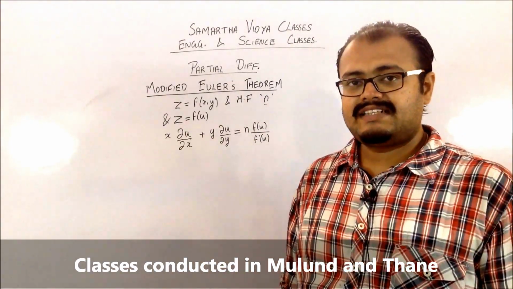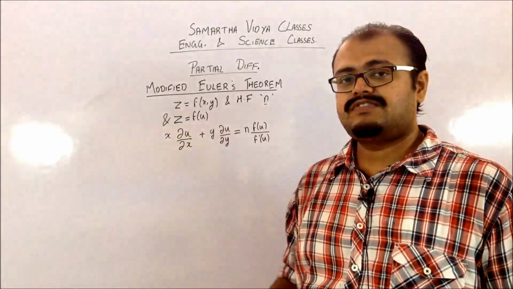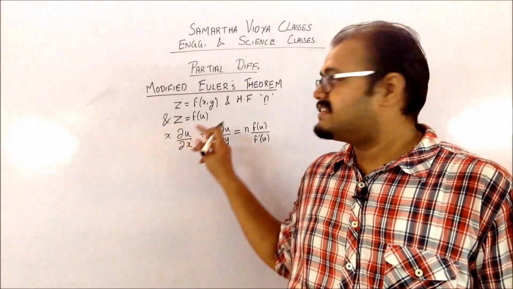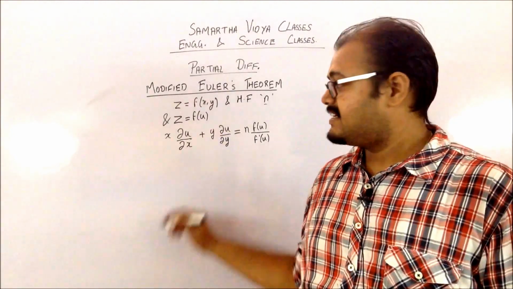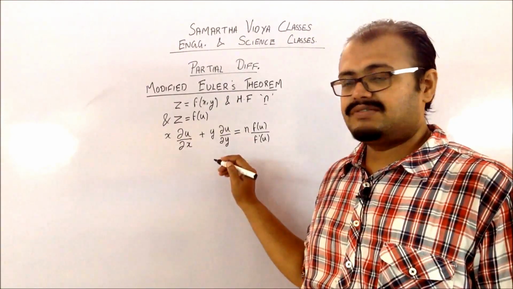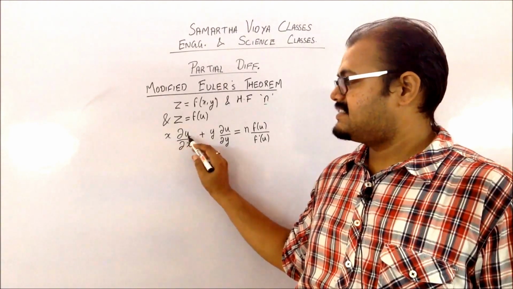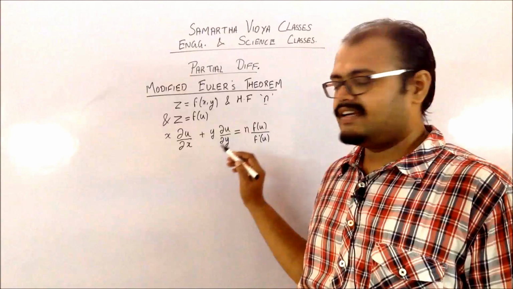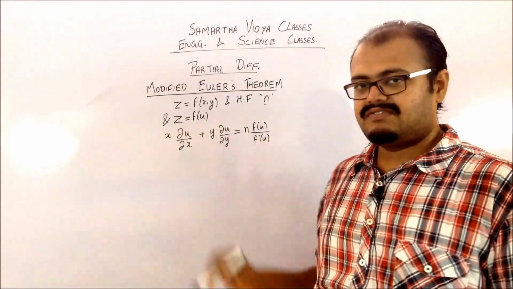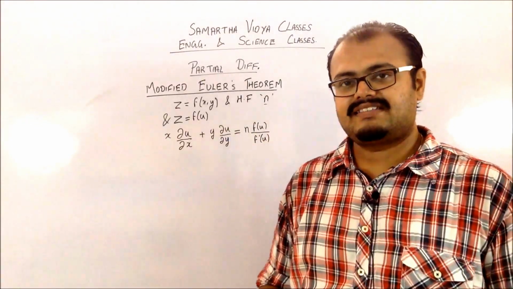We are also going to consider z as a function of u. Then if it satisfies both these conditions, I can write the differential equation in u in these terms: x del u by del x plus y del u by del y is equal to n into the function of u divided by its derivative.